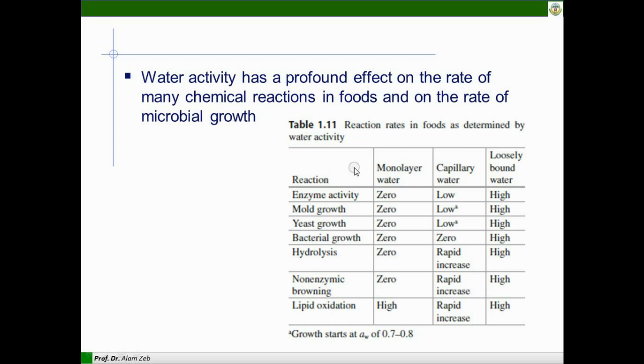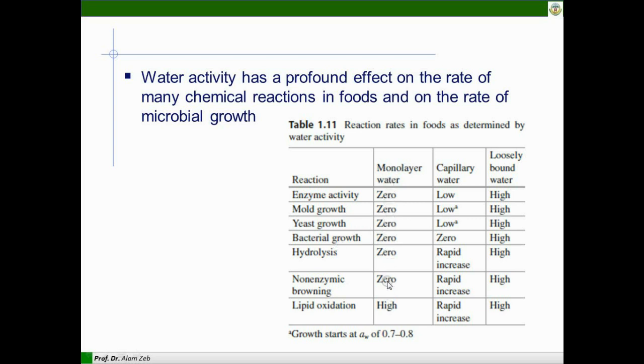Here you can see in this table that reaction rate in foods is determined by the water activity. You can see here the three systems: monolayer water, capillary water, and loosely bound water. All these reactions, enzyme activity, mold growth, yeast growth, etc., are high in the loosely bound water, while in the capillary water, enzyme activity, mold growth, and yeast are low, while none in monolayer water.